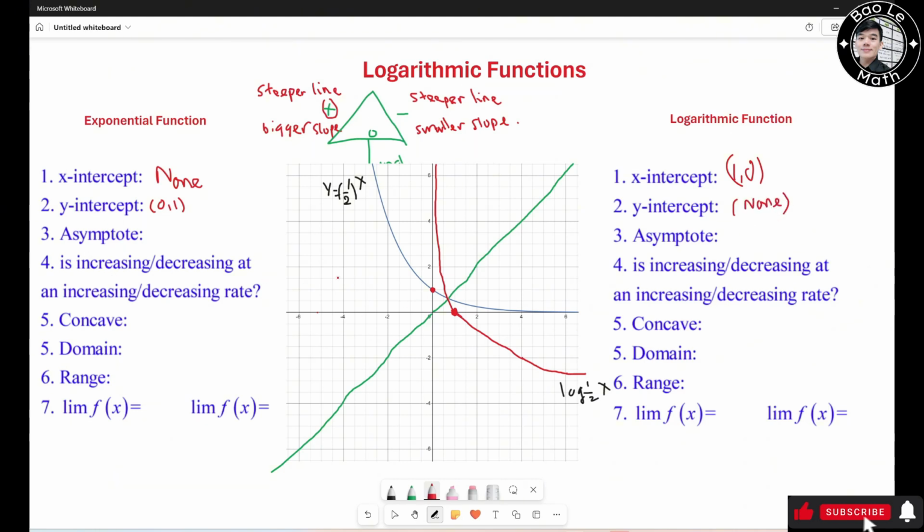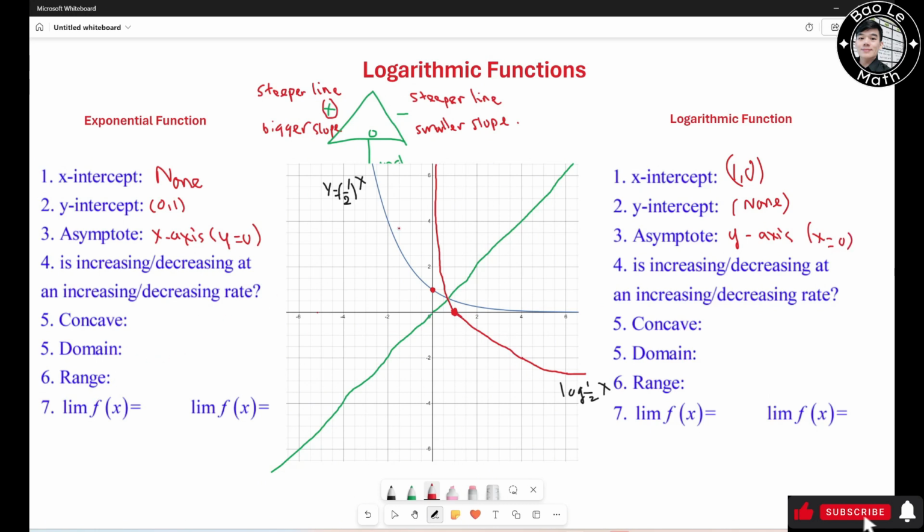The asymptote: the exponential function has the x-axis as an asymptote, y equals 0. The logarithmic function has the y-axis as an asymptote, x equals 0.